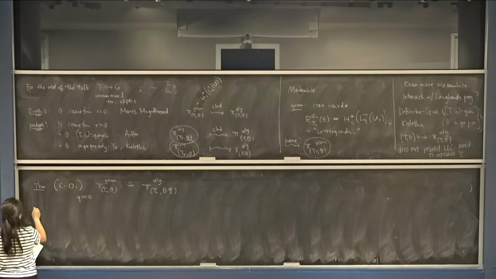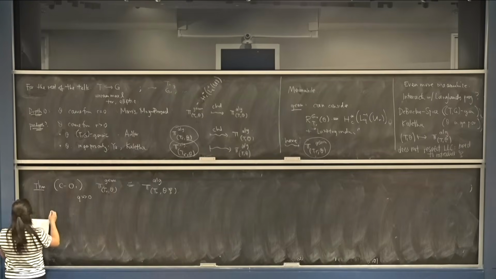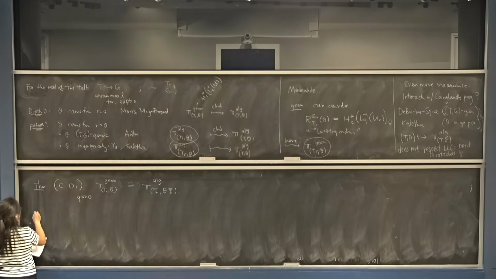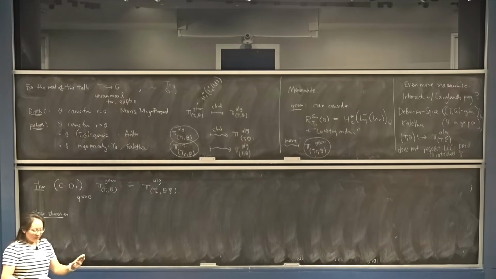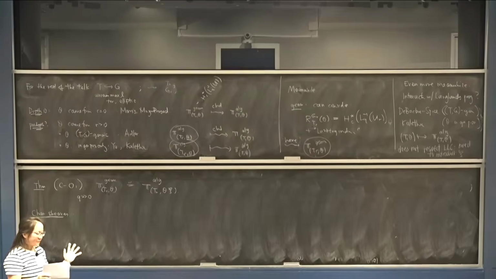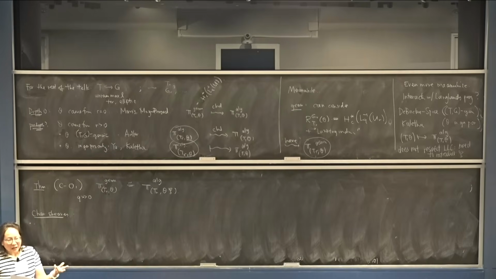OK. So in the last negative 1 minute, let me say one thing about character sheaves. OK. So far, I've said things like, oh, you have this representation, but actually you only cared about the regular semi-simple part, and that determined everything, right?